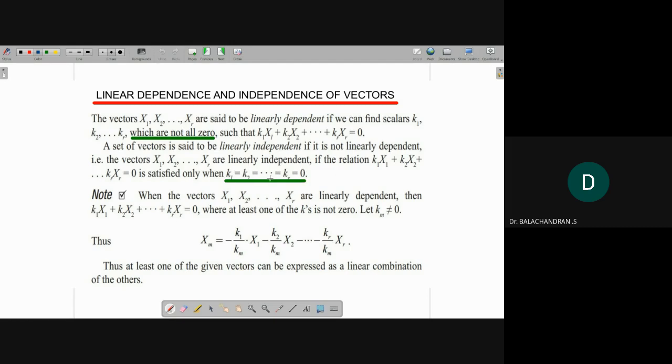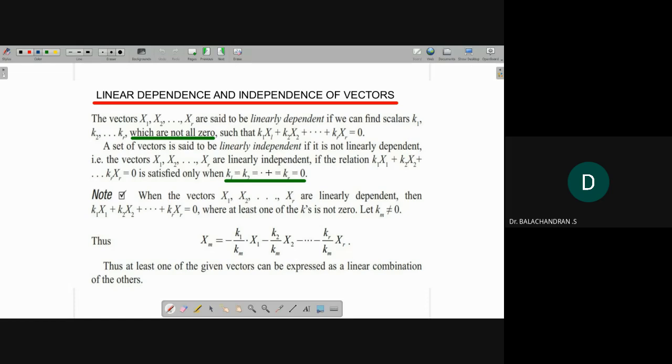Again I will repeat the definition precisely. So this linear combination equal to 0 is satisfied only when all the constants k1, k2 are 0, then we say that this is linearly independent. That means one does not depend upon the other.